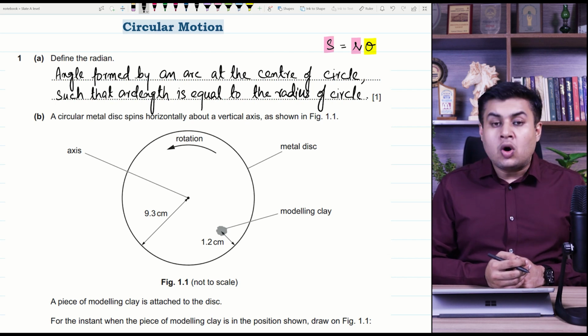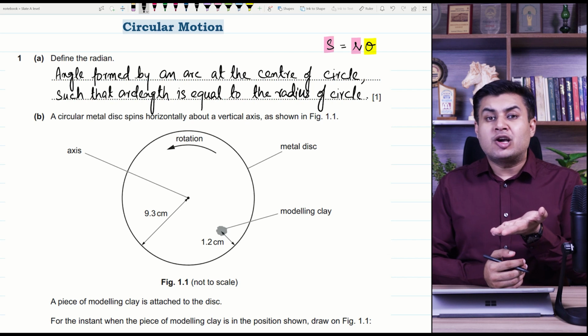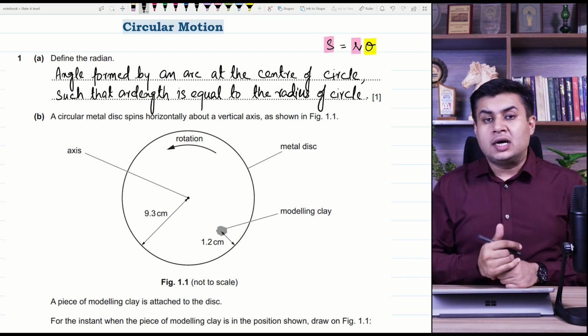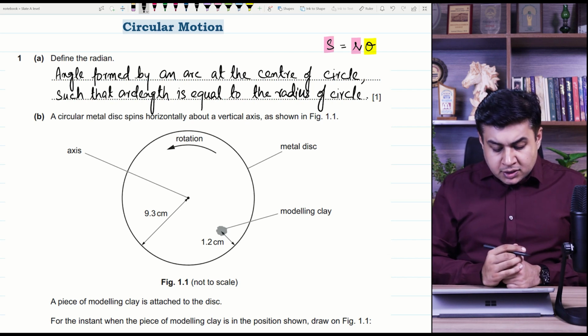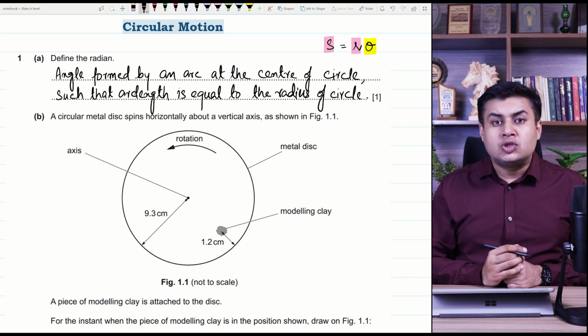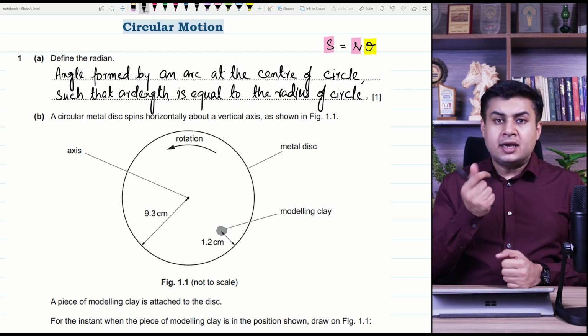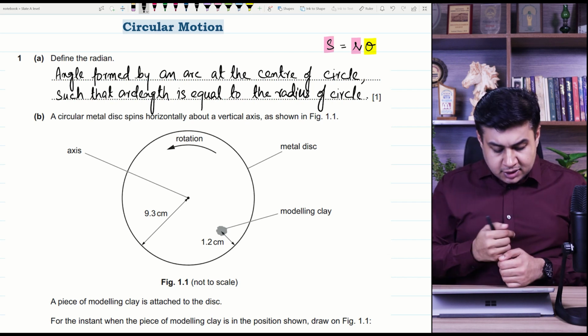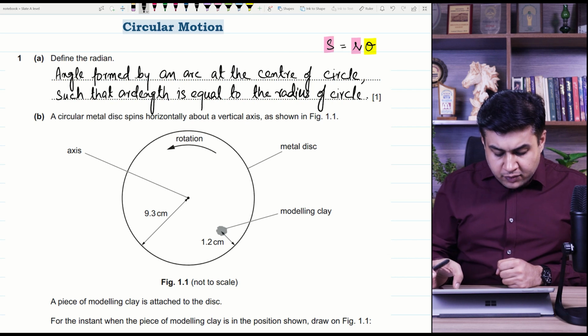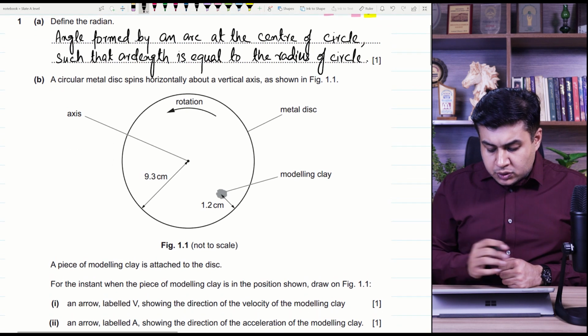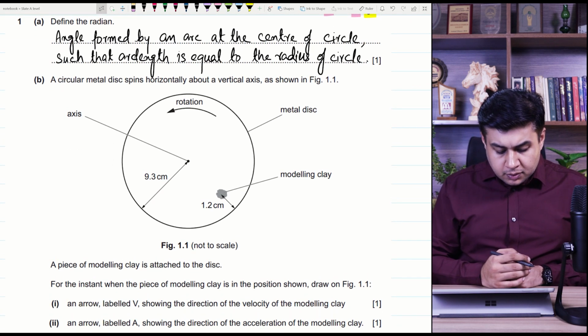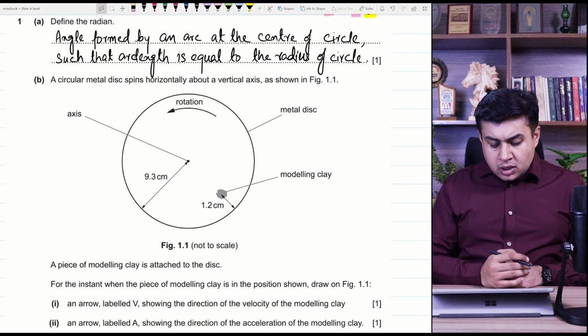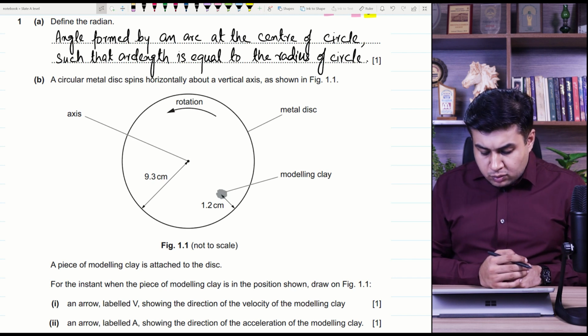आपको एक horizontal plate का, horizontal disc का top view show किया. A piece of modeling clay is attached to the disc. Modeling clay लिया और उसको disc के साथ attach किया होगा. For the instant when the piece of modeling clay is in the position as shown in figure 1.1, you have to draw an arrow labeled V showing the direction of velocity of the modeling clay.